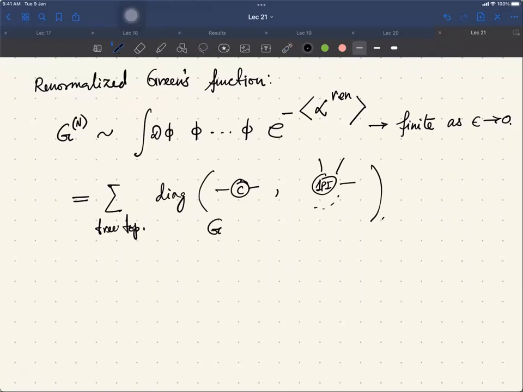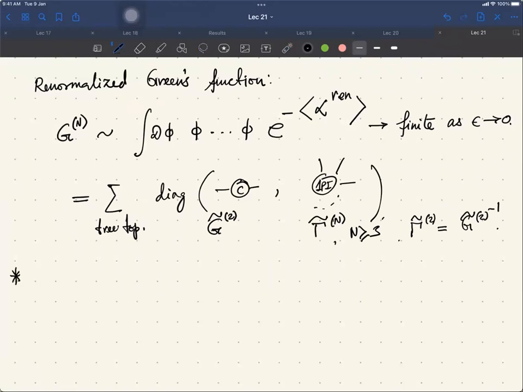So this is written as G tilde 2, and these are written as gamma tilde n in momentum space for n greater than or equal to 3. And for n equal to 2, gamma tilde 2 is nothing but G tilde 2 inverse. This is what we already know.